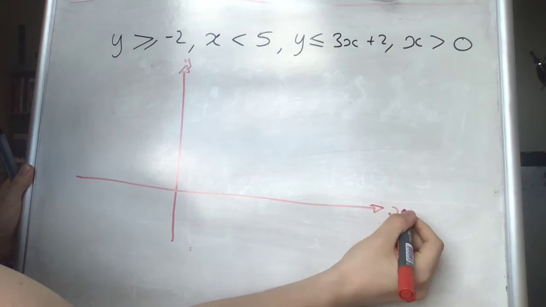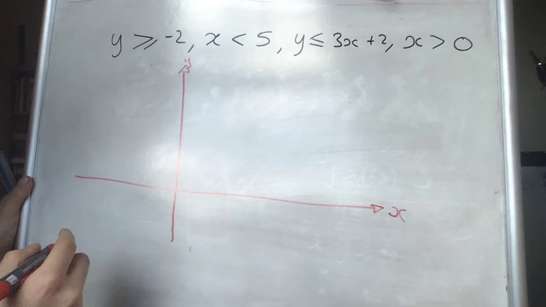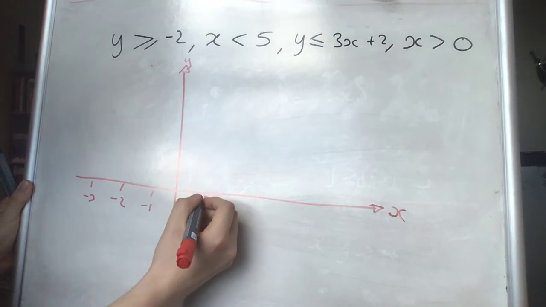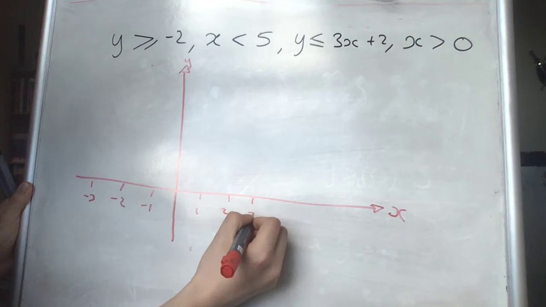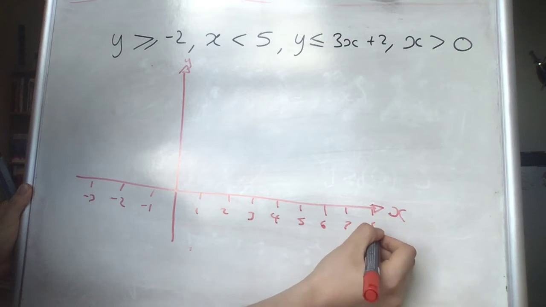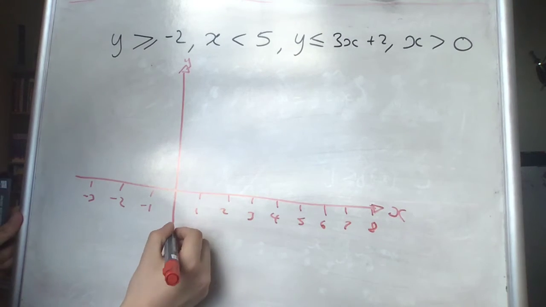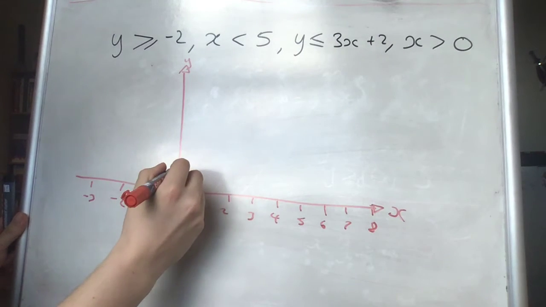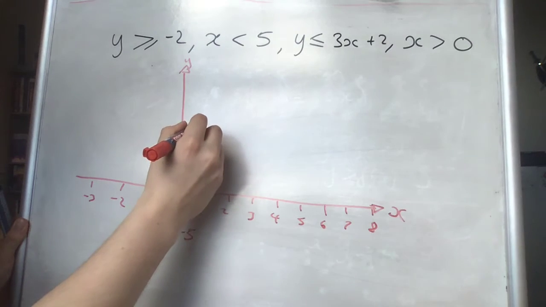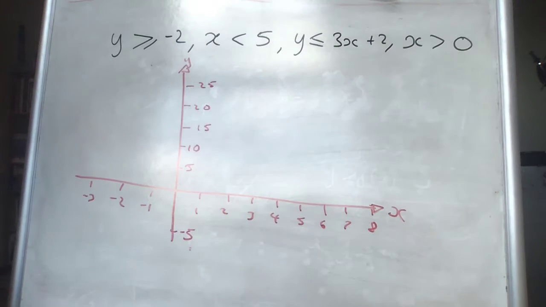Then I'm going to label the x-axis, so we're going to have -1, -2, -3, 1, 2, 3, 5, 6, 7, 8. And we're also going to have y coordinates, so we're going to do 5, 10, 15, 20, 25.